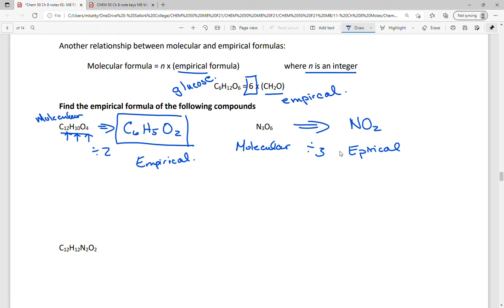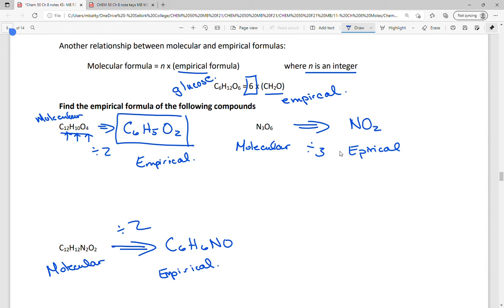We could scale this organic molecule down. So this would be the molecular formula. I don't know what this one is. To the empirical. Oh, empirical. All of those subscripts are divisible by 2, so scaling it down to its empirical formula would be C6H6NO. And that's really the only difference between these two.